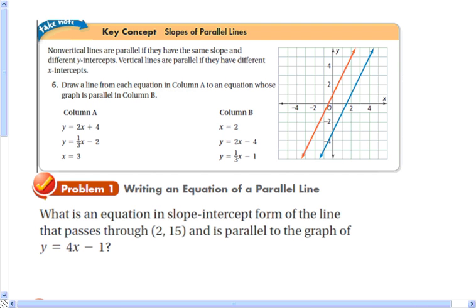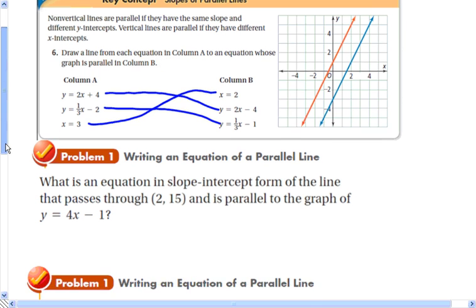So if I want to have the same slope as this equation, I need 2 as my slope, my coefficient of x. These two lines here will be parallel because they have different y-intercepts and the same slope. And all vertical lines will be parallel. So those two will be parallel.